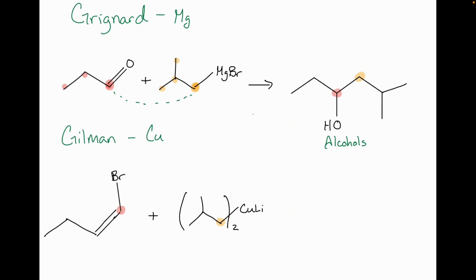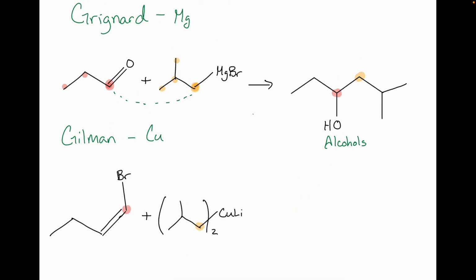Okay, with a Gilman reaction, we do actually kick off that bromine, so I'm not going to have that bromine in my product. I'm just going to replace it. But the special thing with a Gilman that we had to remember is if we have a double bond, when we create our new bond, it has to be in the same direction as our old bond here.